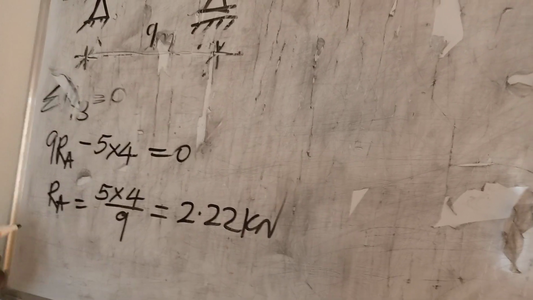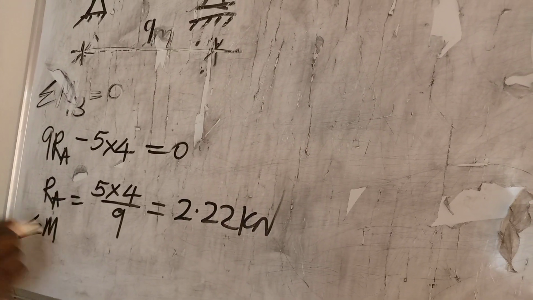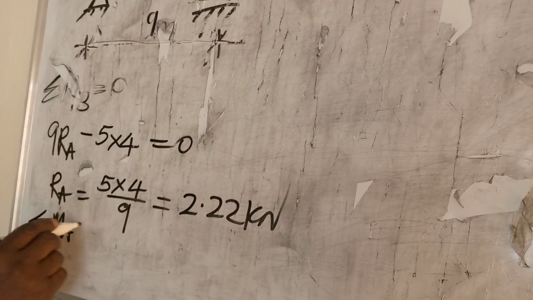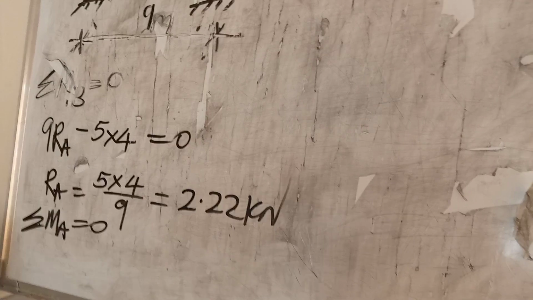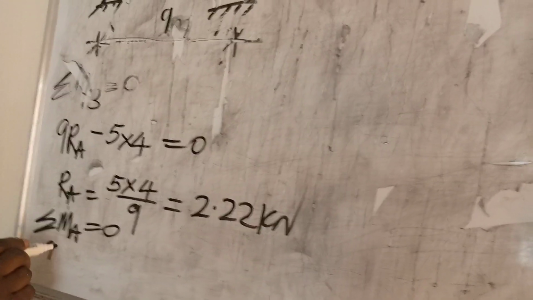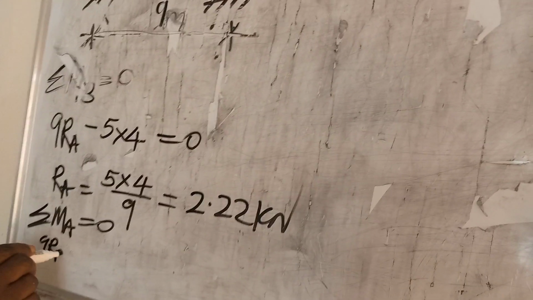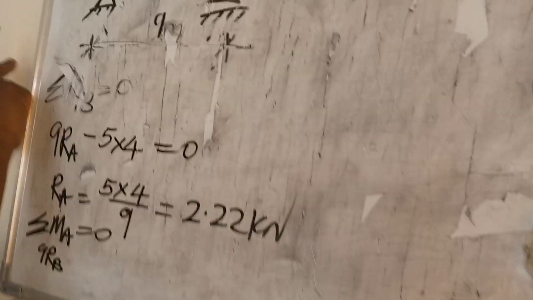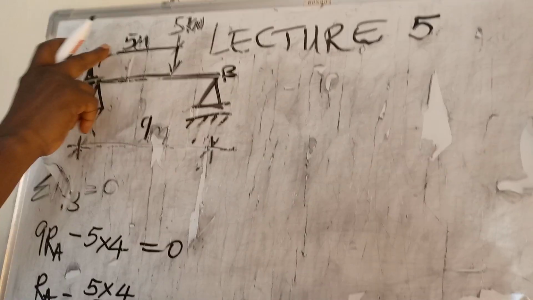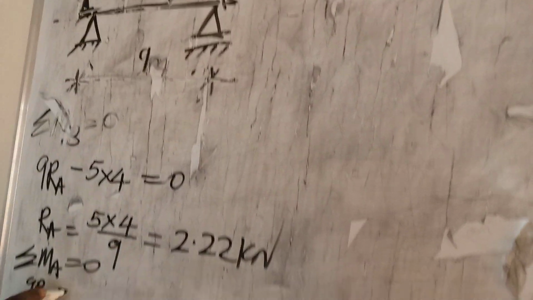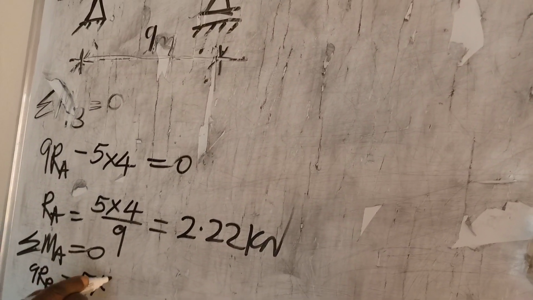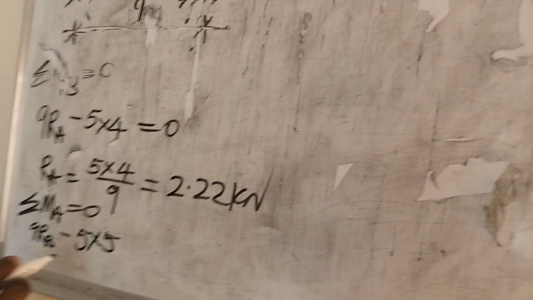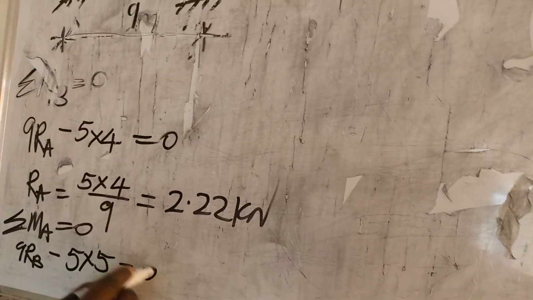To get reaction B, we take moment about support A, which is equal to 0. That means 9 RB, because the distance of RB from A is 9. RB turns this way, and the 5 will turn against it. So minus 5 times 5 this time, because we're taking moment at reaction A, equal to 0.